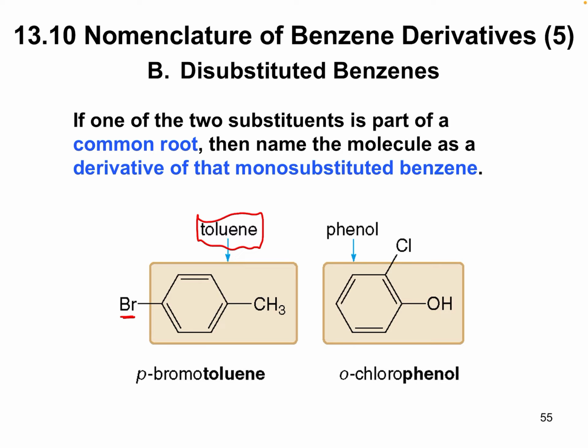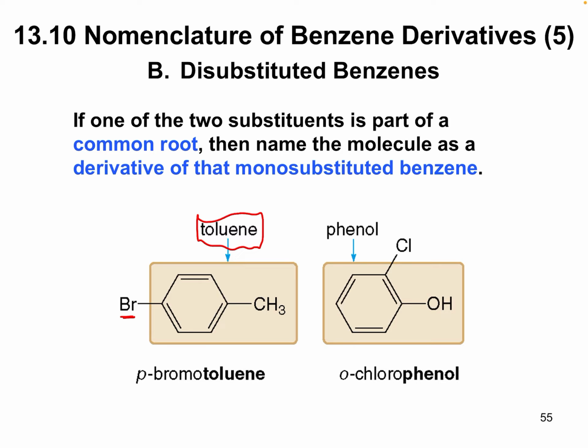So a toluene with a bromine at the other end at carbon number 4, we could name that 4-bromotoluene, or because the bromo is at the 4 position compared to the toluene CH3 at the 1 position, those two substituent groups are para to one another, so we could just call this para-bromotoluene.